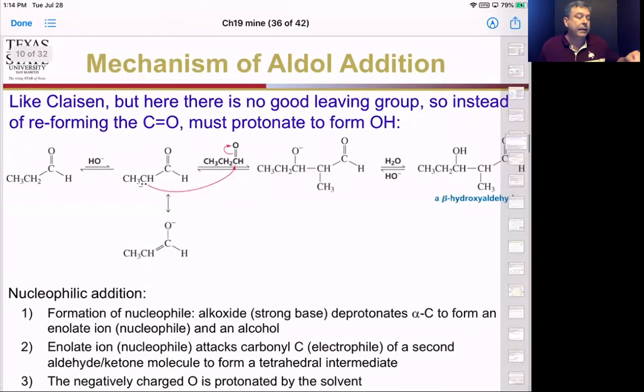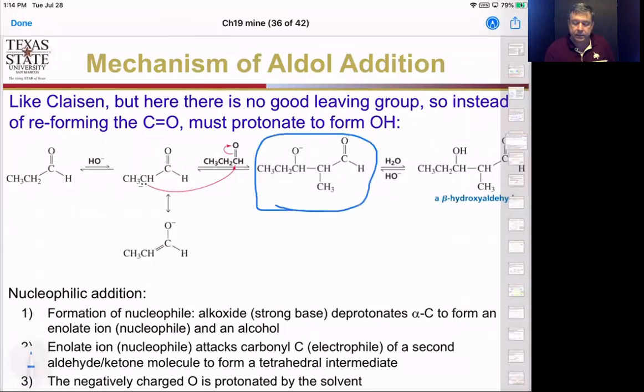Just like in the other reaction where we have an alpha hydrogen, we deprotonate that alpha hydrogen and we generate our enolate. Our enolate then acts as a nucleophile and attacks some other carbonyl compound. Everything up to now is about the same mechanism as we saw before, and we stop at this part right here.